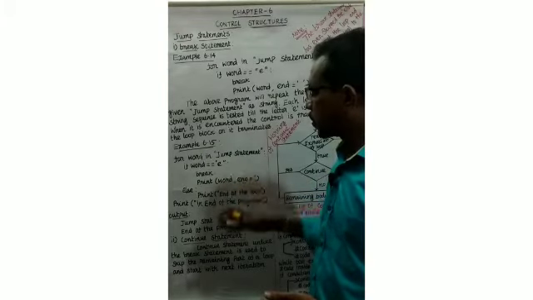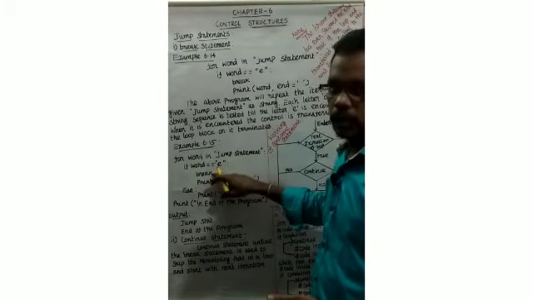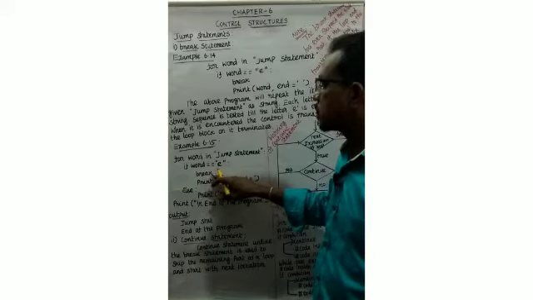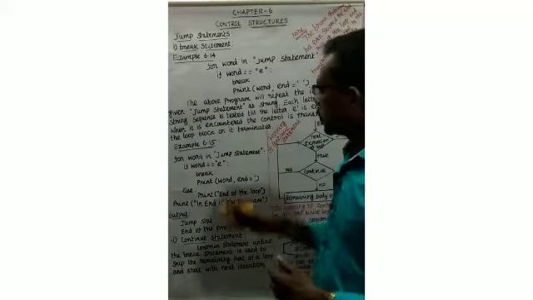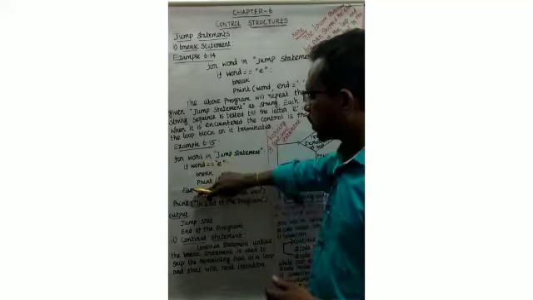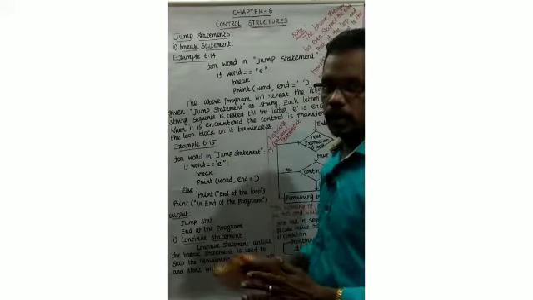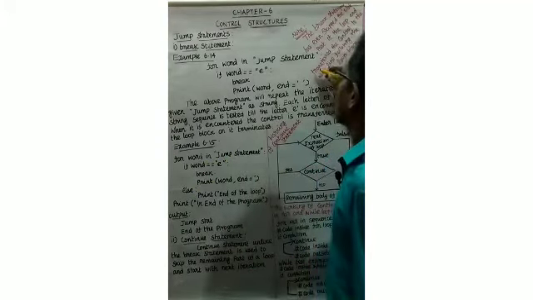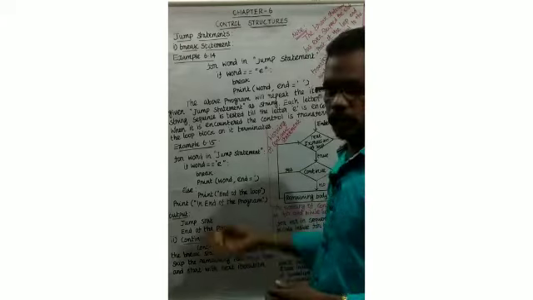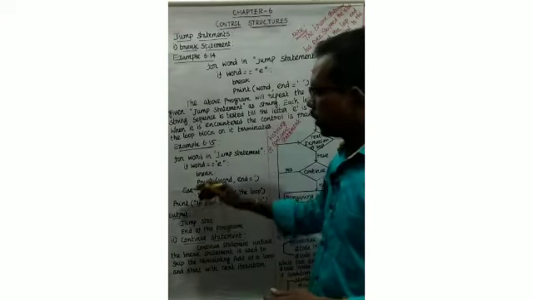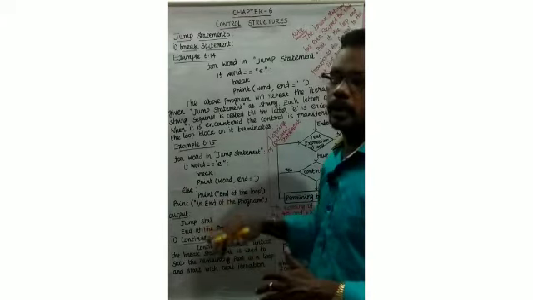But in this program the break statement is also used. If the break statement is used, how will it be executed? We can see the note. The break statement has even skipped the else part of the loop. If they are using the break statement, the else part also won't execute, and it will come out of the process. So the control transfers to the next line following the loop block. So the else block also won't execute, it will come out from the loop. The coding given outside will be executed next.